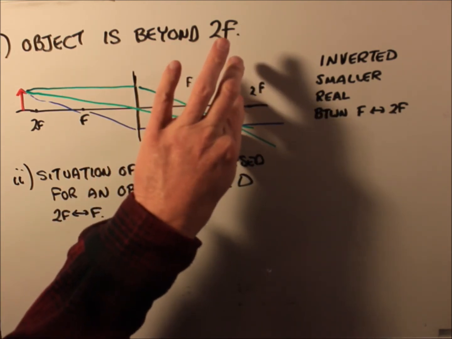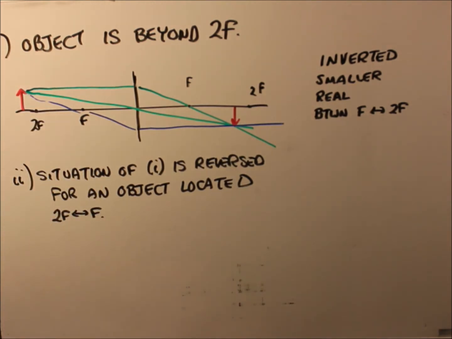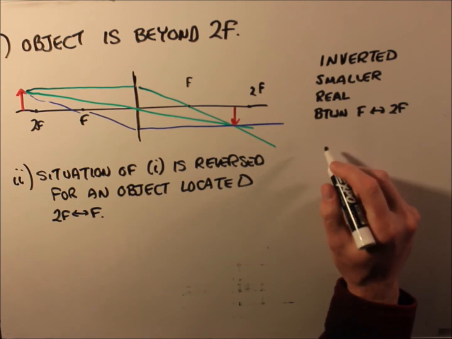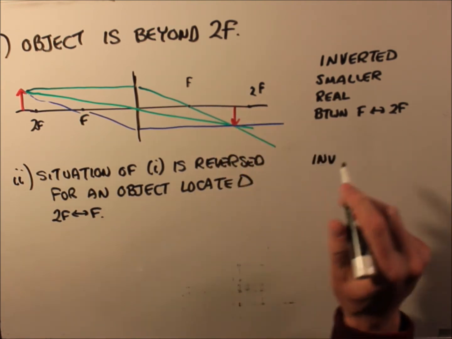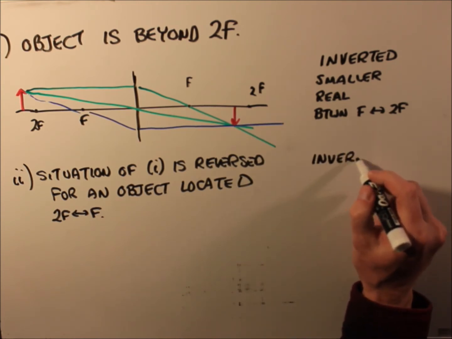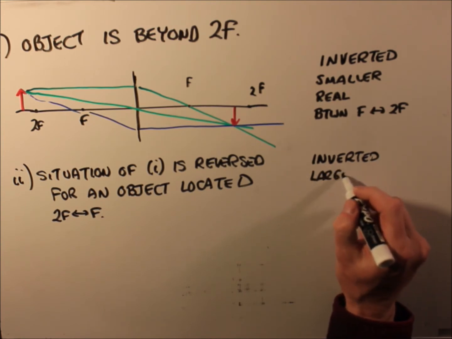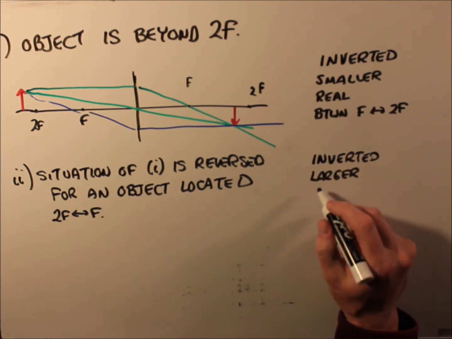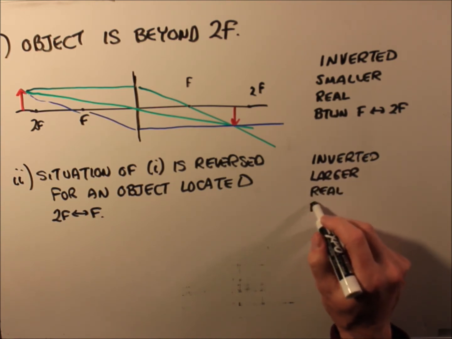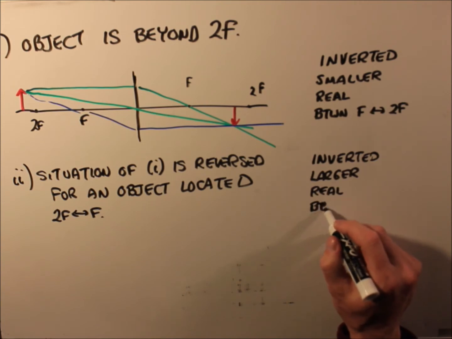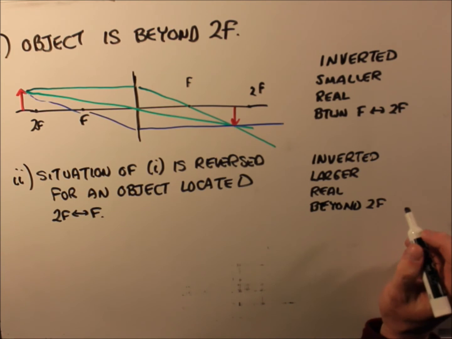Here's our object here, and its image then will be beyond 2F. So we can, without even having to draw the diagram, see once again that the image is inverted in the sense that it's opposite in orientation to the object. It's larger, the reverse. It's real, of course. And now it's beyond 2F.